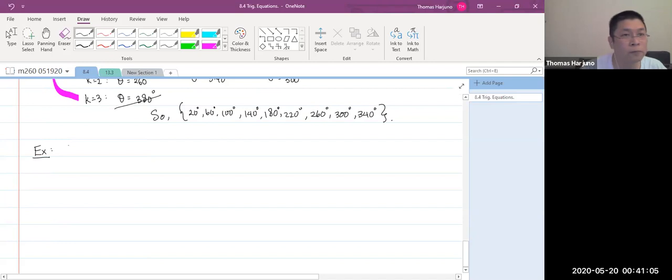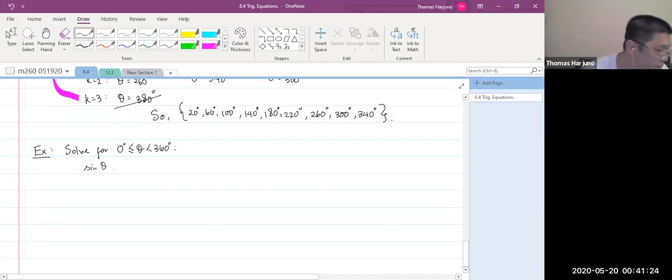Solve for 0 degrees to 360 degrees the question: sine theta minus square root of 3 cosine theta equals 1.